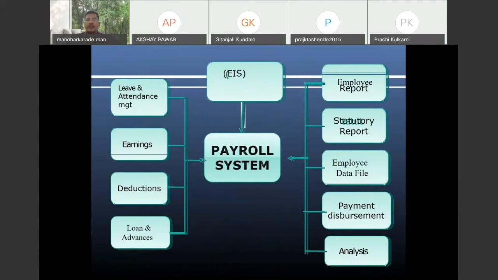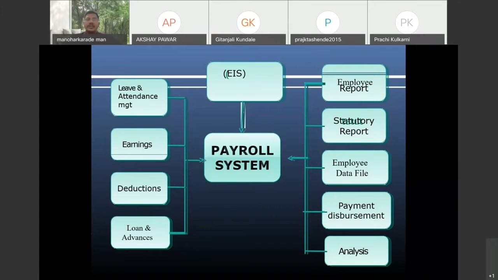So when we are talking about payroll system, normally we need to understand leave management, the first and foremost aspect. Then what are the different earnings of employees? Apart from salary, if there are certain kinds of overtime or other kinds of wages or, let's say, amounts to be paid, that we need to take into consideration while determining payroll system.